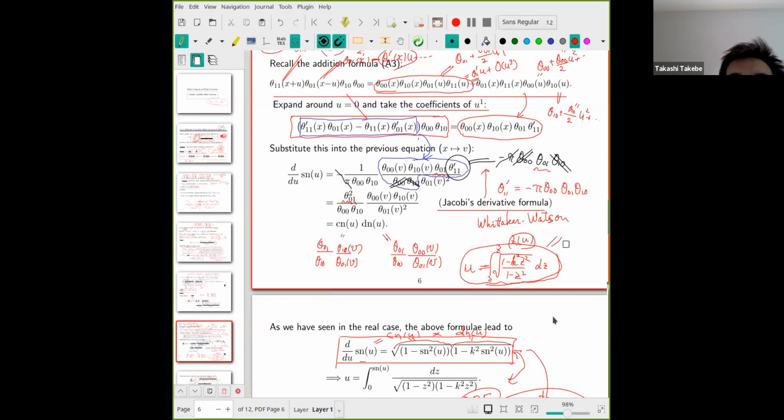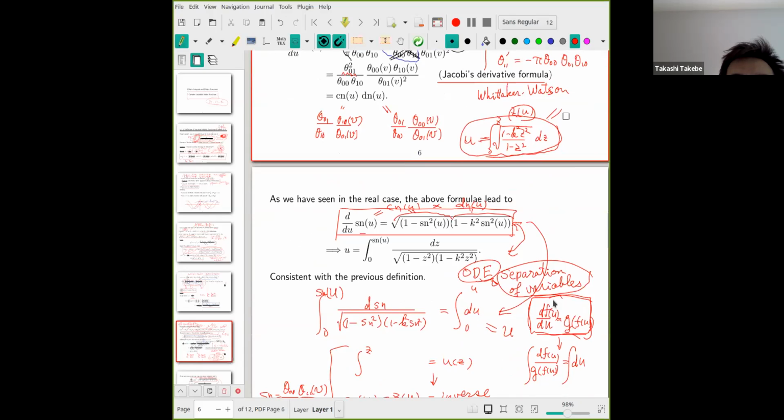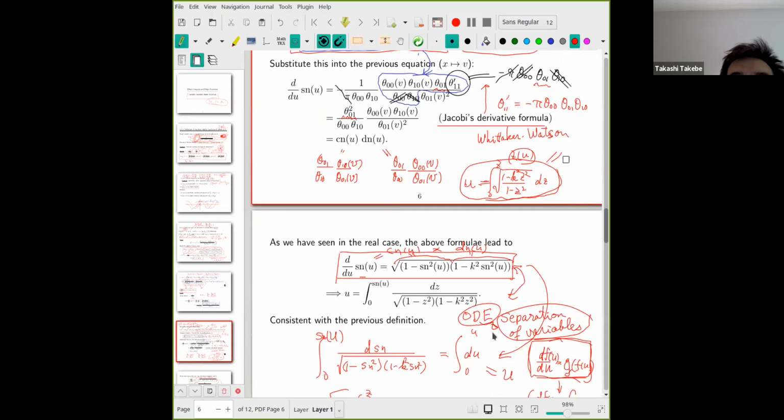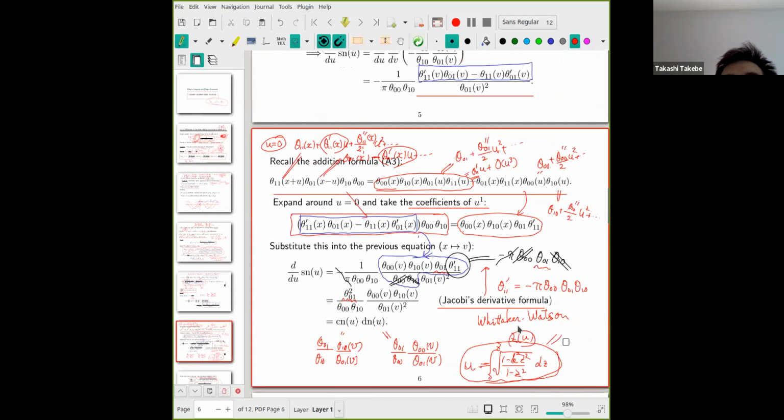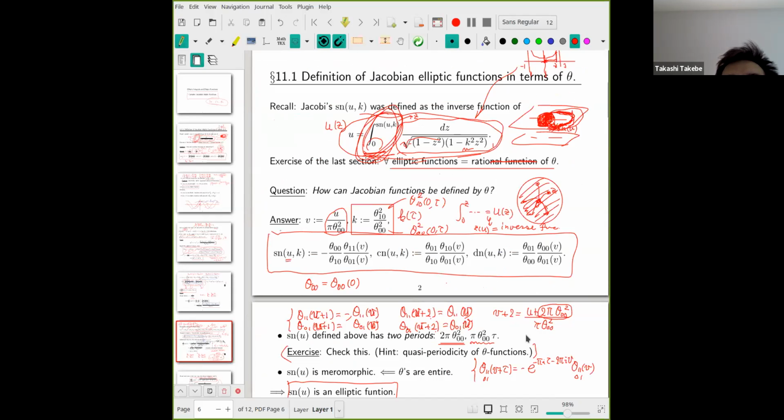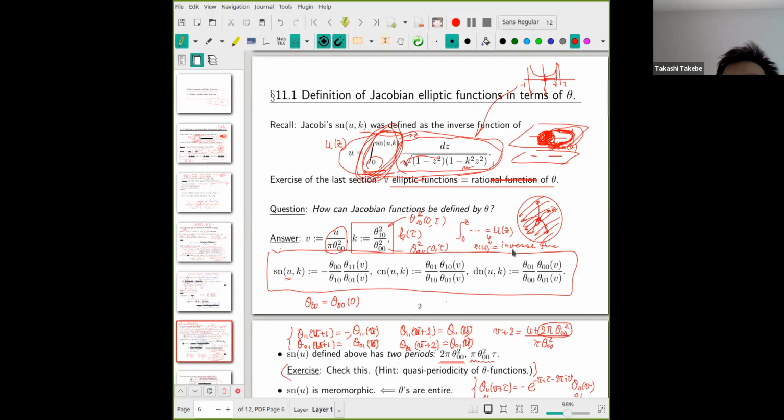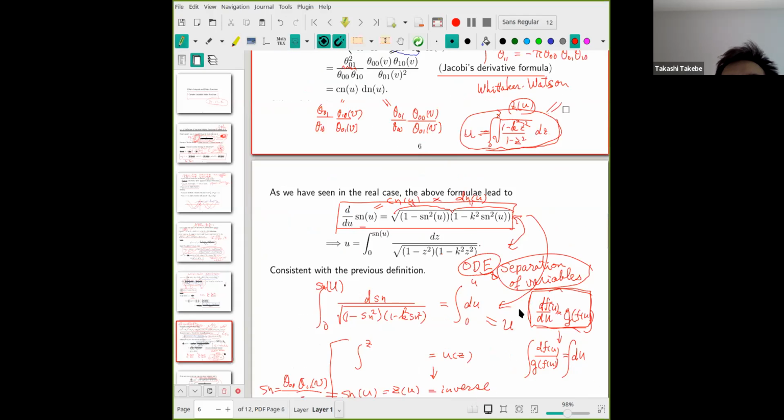And so we have proven that Sn satisfies this differential equation, which means that Sn is an inverse function of this elliptic integral. So we have come back to the first definition of the Jacobi function.